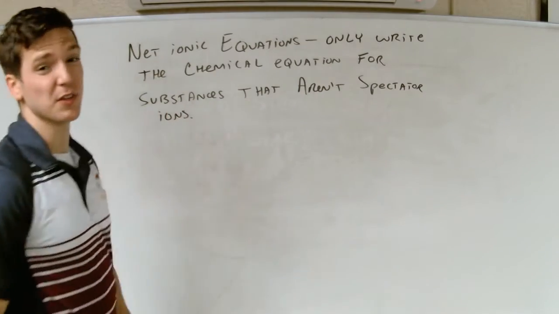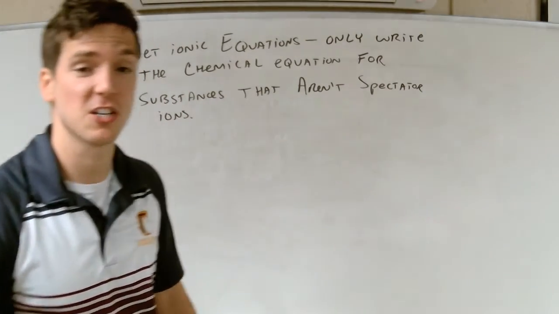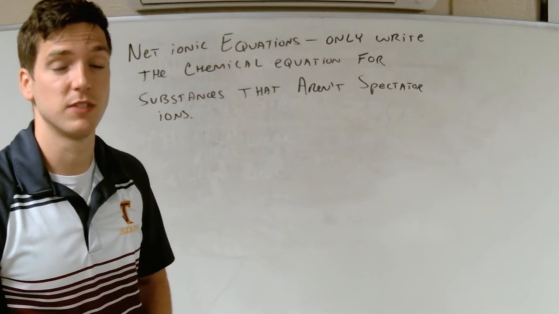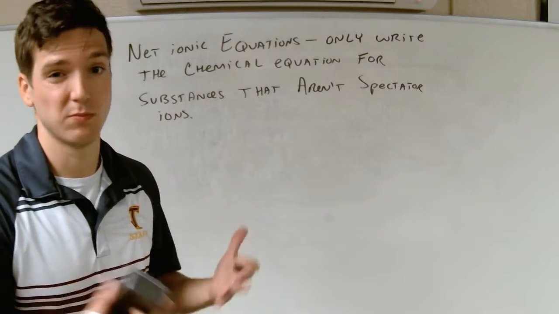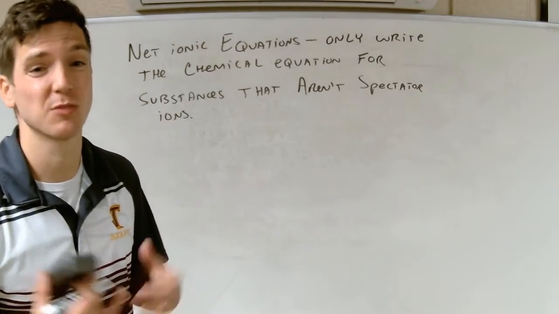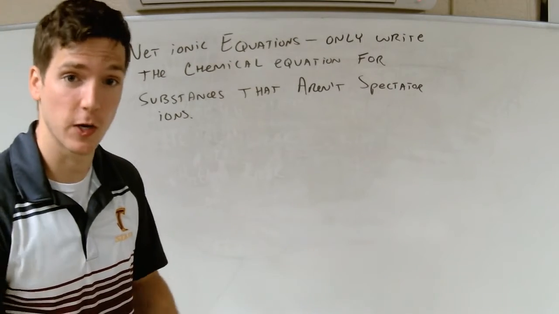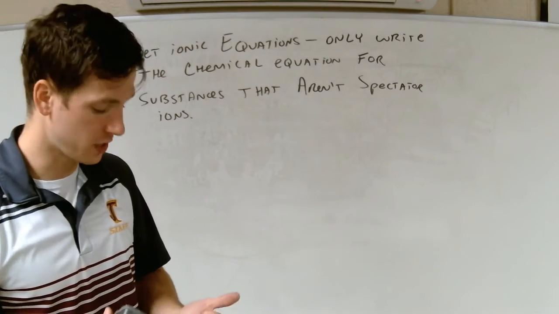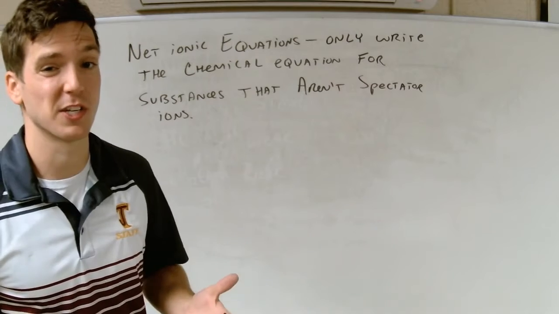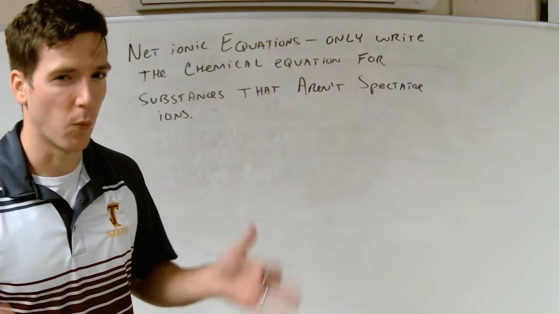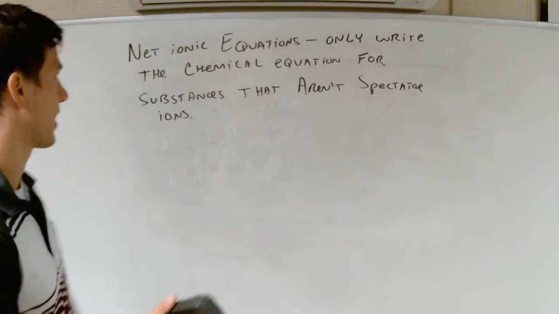So they're pretty much just equations that show the ions that get to work in the reaction, right? There are some spectator ions that just deliver other chemicals into the solution. So net ionic equations only focus on what is involved in the reaction, okay?